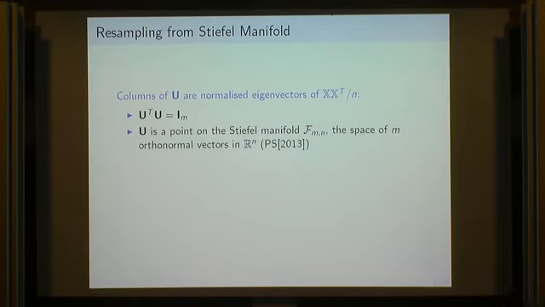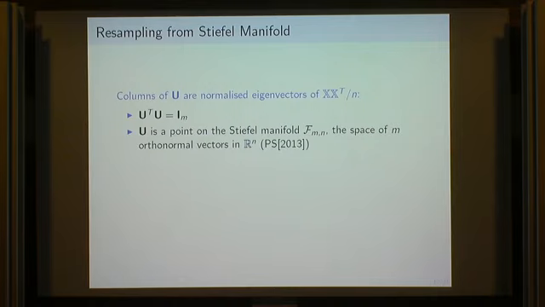And by definition, U transpose U equals the identity matrix. Then this satisfies the condition that U is a point on the m-dimensional, n-element Stiefel manifold. This is the space of m orthonormal vectors in n-dimensional space.